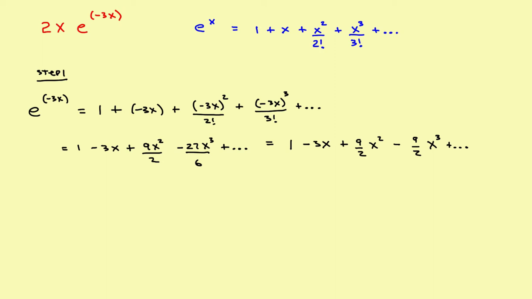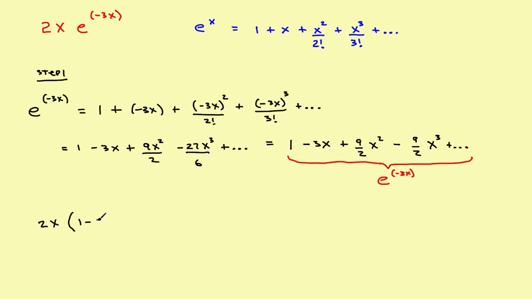Okay, so now you've got e to the x expressed in this form right here. So this right here is e to the minus 3x. And now it's just a matter of plugging in the formula like you did with the other ones. So first of all, you've got 2x, so we'll have 2x times, and in place of this, put this expanded form of the power series.